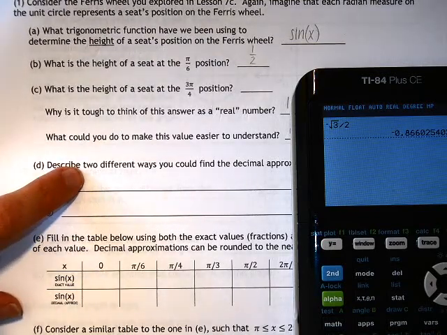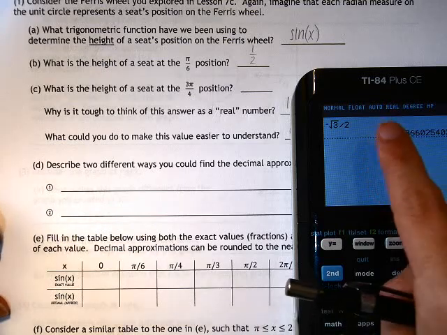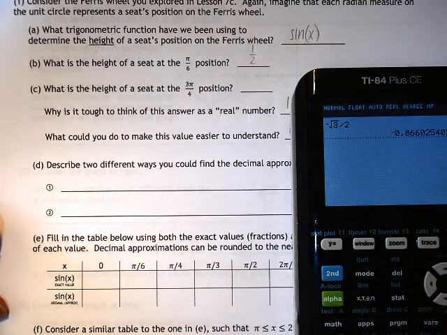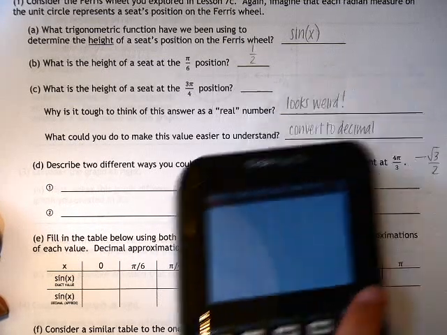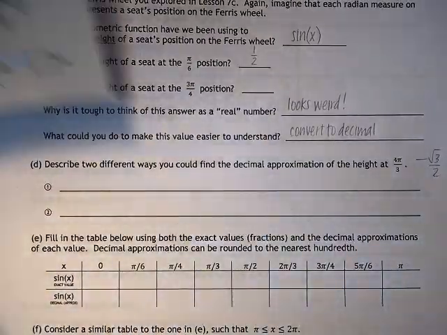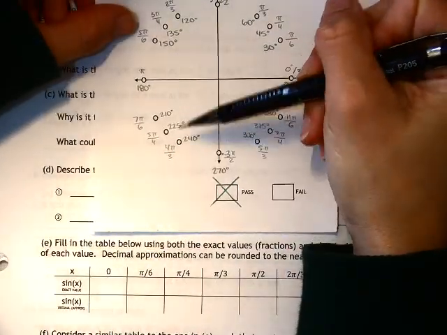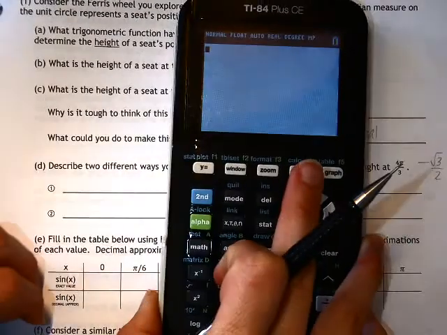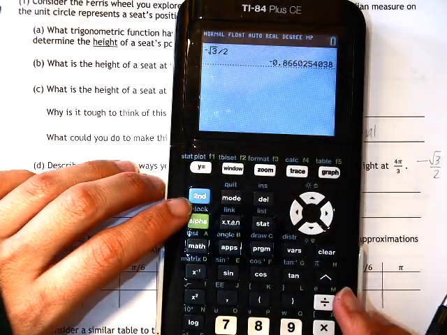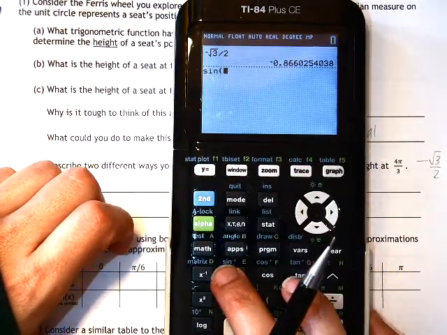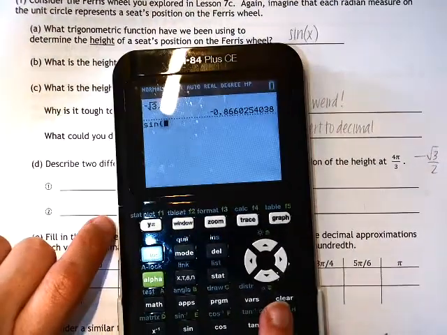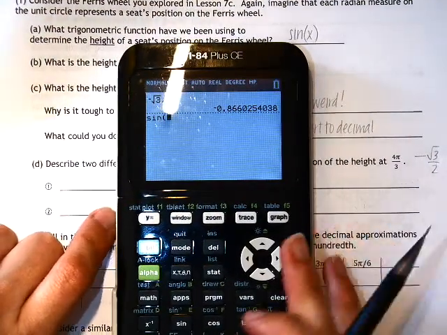So we know one way is to convert the number in our calculator, but another way is to think about the trigonometry. Remember how we said that these vertical values are sine values? We could actually just type sine and then 4 pi over 3.